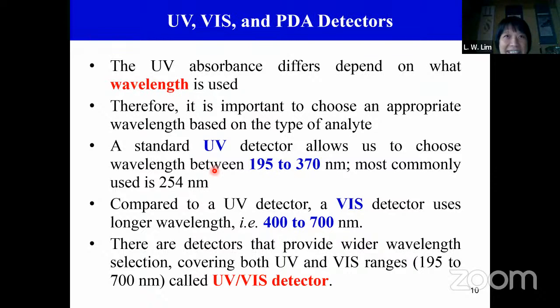If there's no leaking, then I ask them, have you checked your wavelength? Then they check the wavelength. If the wavelength is also okay and the system is also okay, then the next thing to ask is, when did you make your sample? Sometimes the sample is old and not stable.